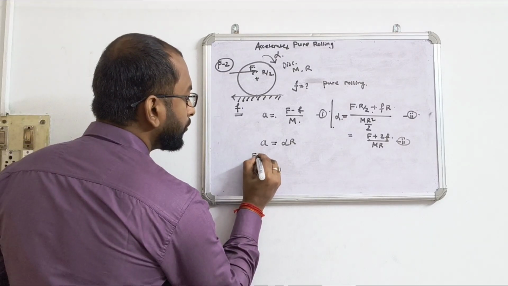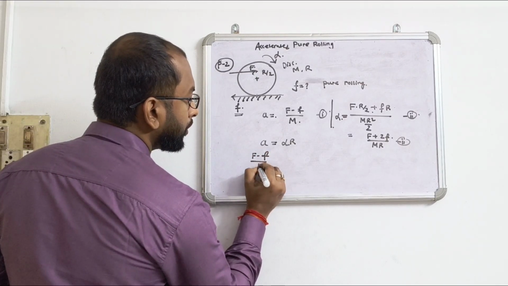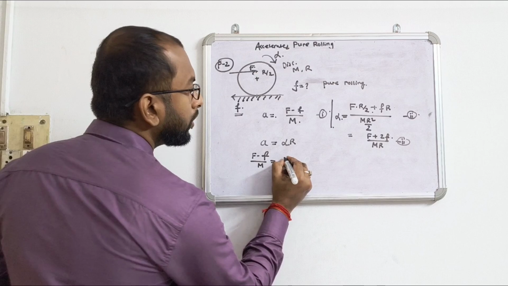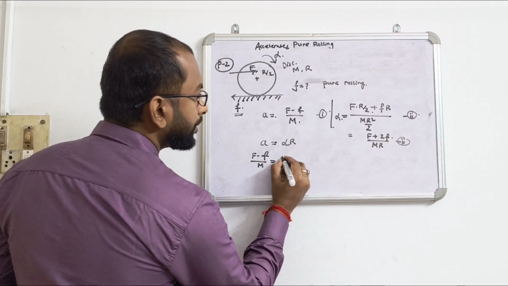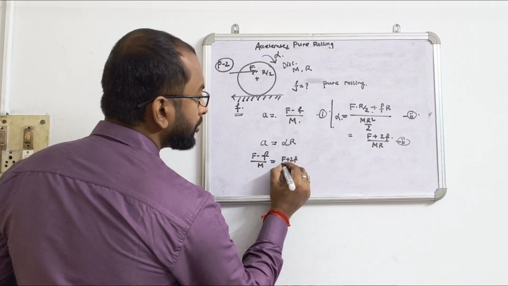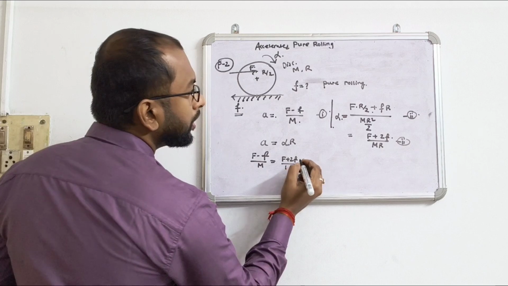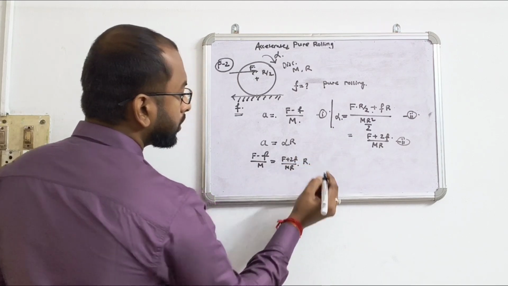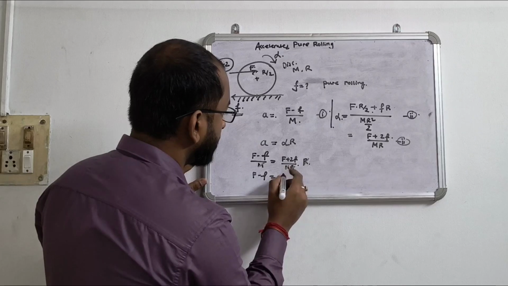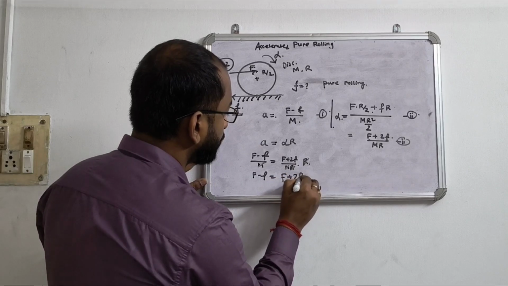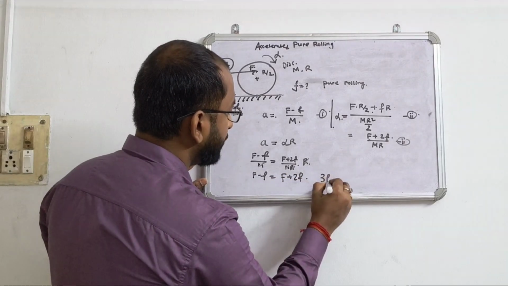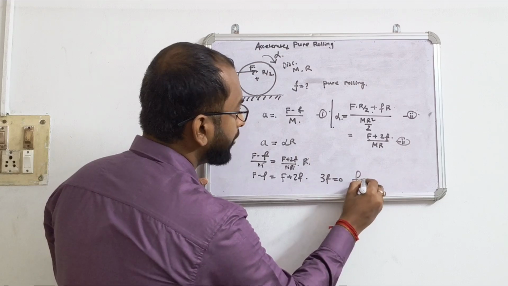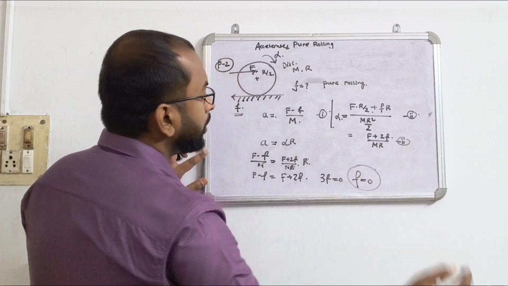Now we'll just put the values. Alpha is F plus 2f by m R, into R. We are getting F minus f equal to F plus 2f. So see, 3f equals 0, so the value of f we are getting is 0.